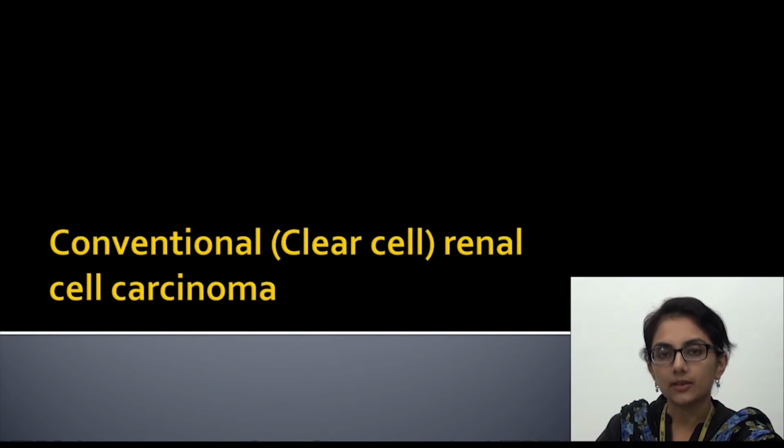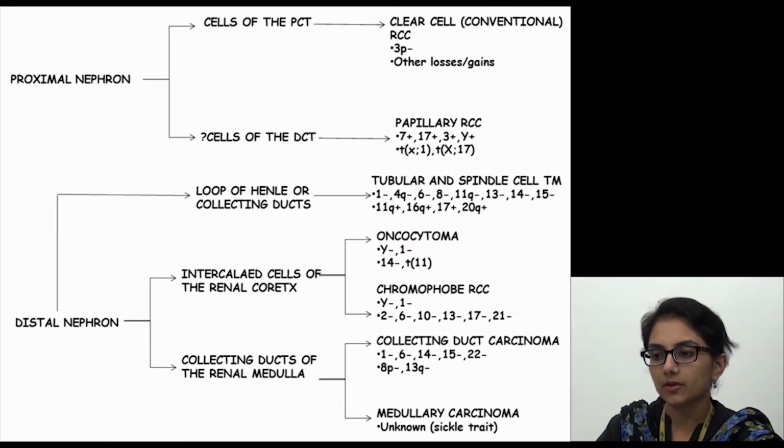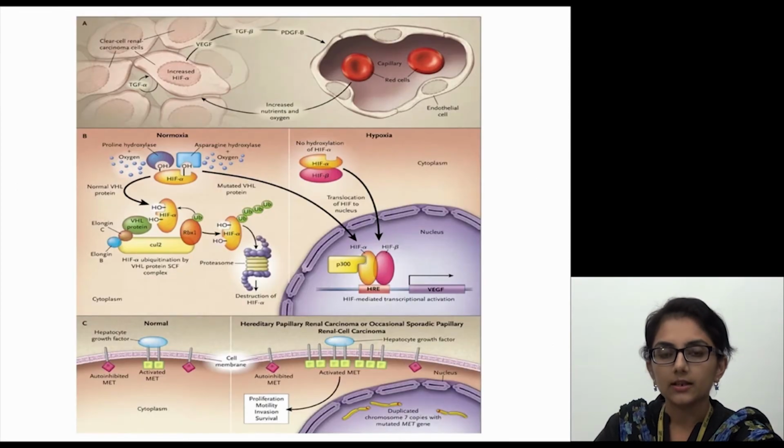The cell of origin of this tumor is the proximal convoluted tubule, and whether it's sporadic or familial, conventional RCCs have been most consistently associated with mutations in the short arm of chromosome 3, which houses the VHL gene. So what really happens when this VHL gene is deleted or mutated? The VHL gene encodes for an important part of the proteasome.